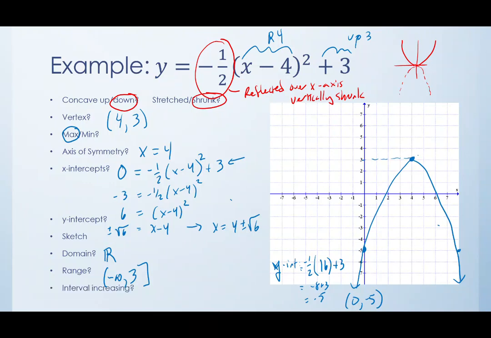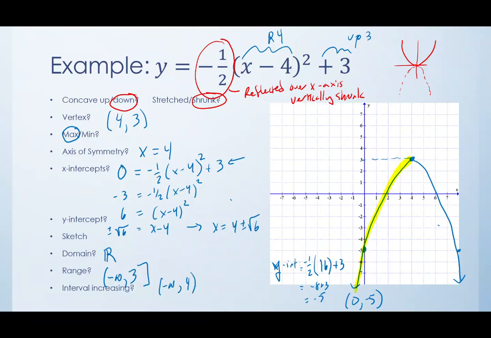Now, where's it increasing? Where's it decreasing? Let's do a highlighter here. Remember, we're reading these things left to right, so I should highlight the other direction. We are increasing from negative infinity to 4.